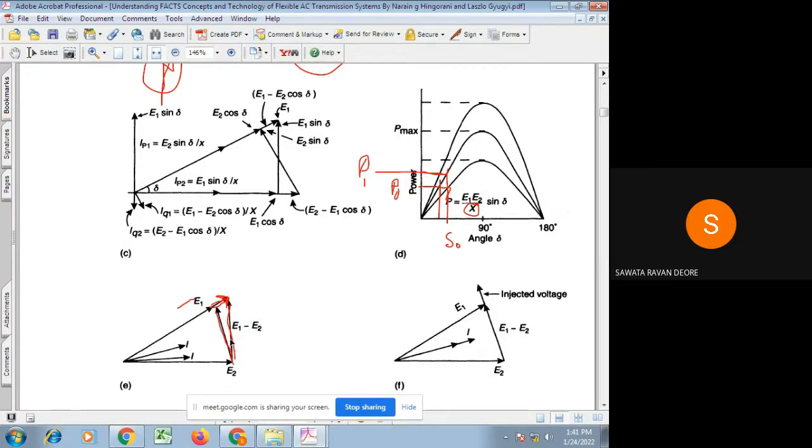Now if we look at this change in the phasor E1 minus E2, the magnitude of that phasor, its length, is approximately the same. Only the phase angle has changed: earlier the phase angle was this, and now it has changed to this one.